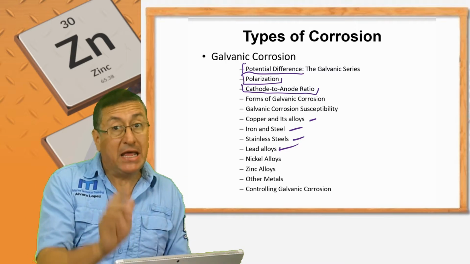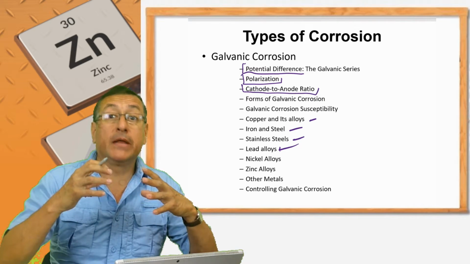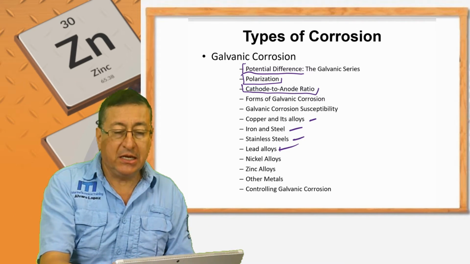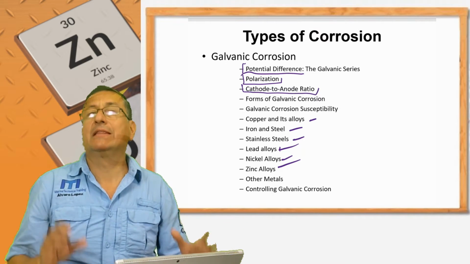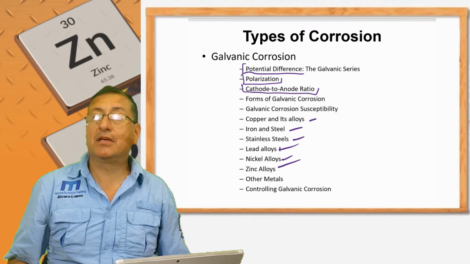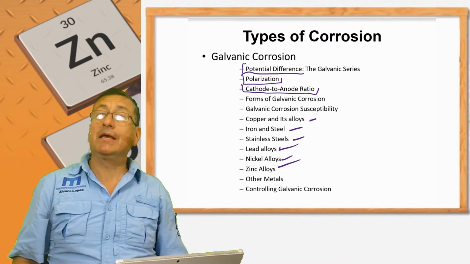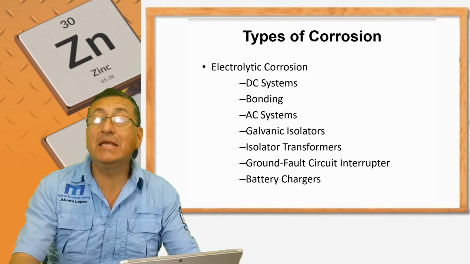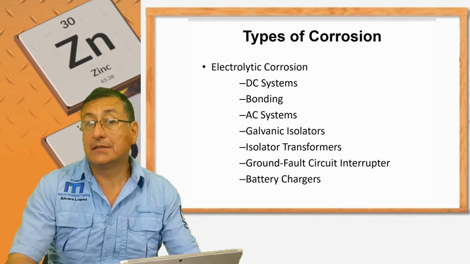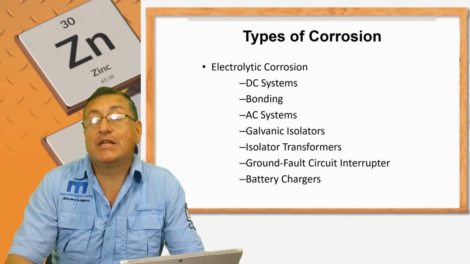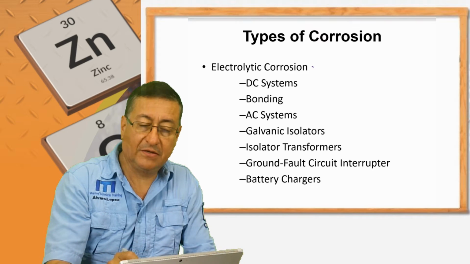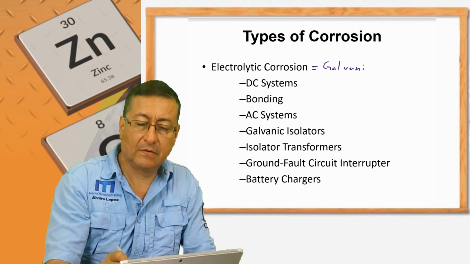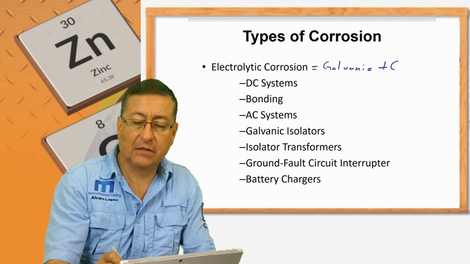Lead is normally used as a lubricant in some alloys. Nickel alloys, zinc alloys: depending on the alloy and the combination, the galvanic corrosion will be accelerated. Electrolytic corrosion is basically galvanic corrosion plus current.